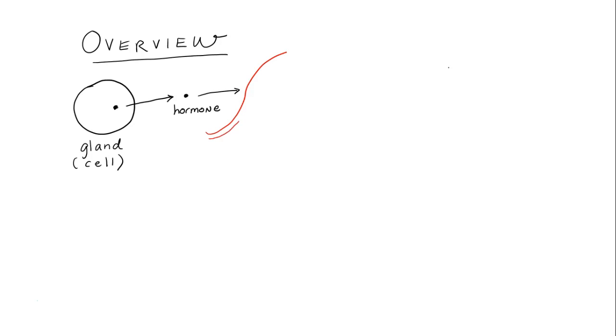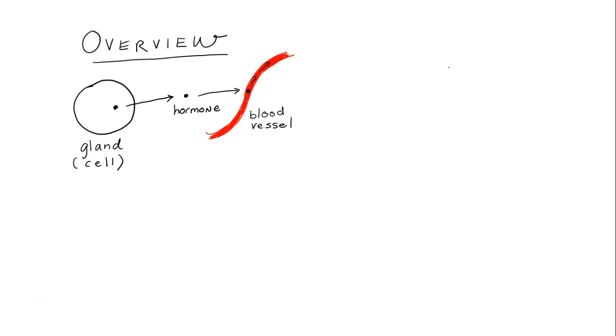Well, a gland is a cell, and a cell that is a gland will secrete a molecule called a hormone, which is defined as a molecule that is secreted into the bloodstream. And the molecule travels in the bloodstream to the target cell for that hormone.